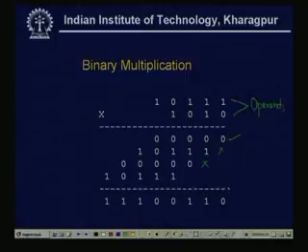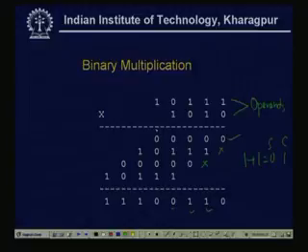So, this is 0. Now, 0 plus 1, already we have seen 0 plus 1 is 1, 0 plus 1 is 1 and 1 plus 0. So, this is 1. Now, 0 plus 1, 1 plus 0, 1, 1 plus 1 sum 0, because we know 1 plus 1 is sum 0, but carry 1. So, this becomes now sum 0, carry 1.